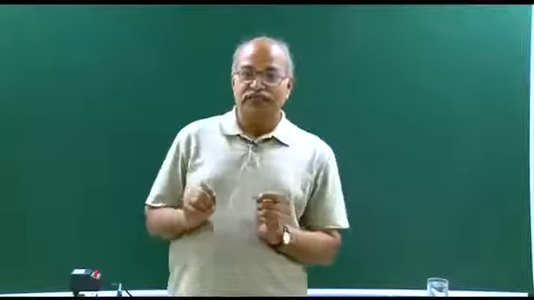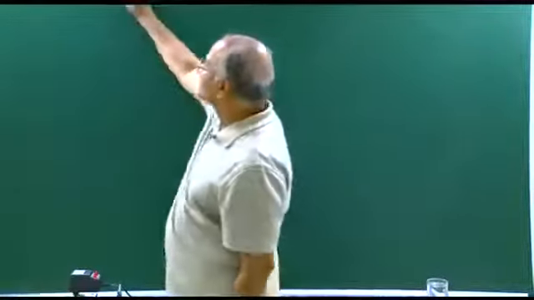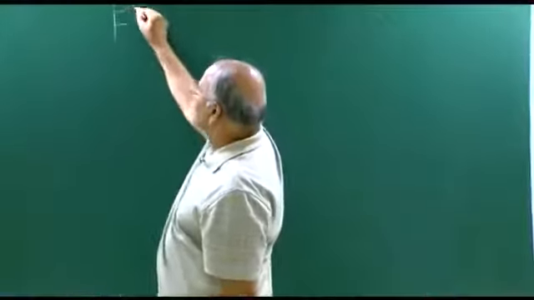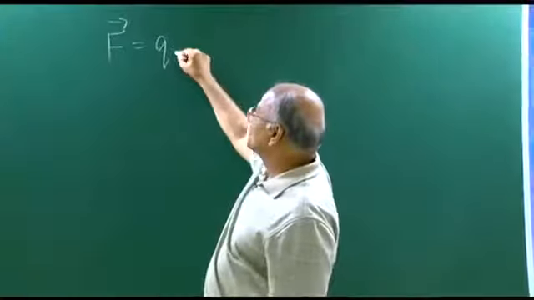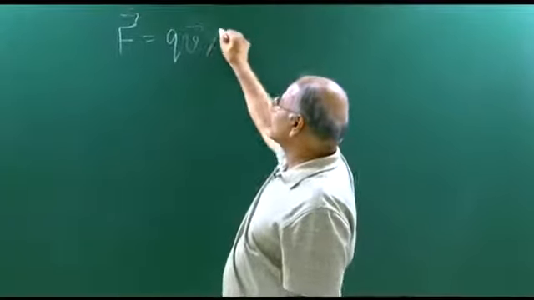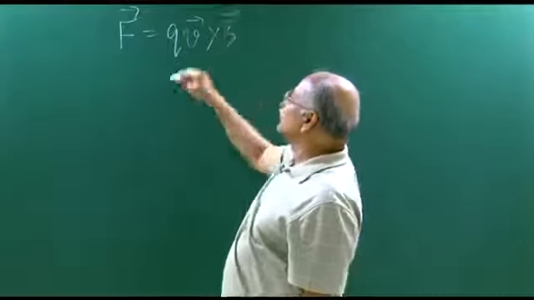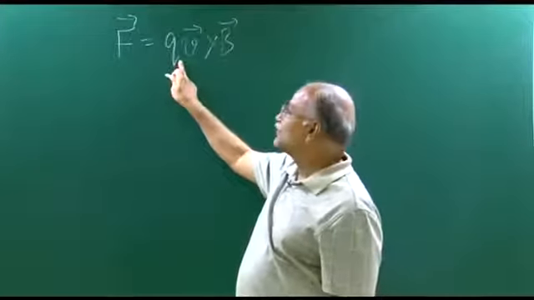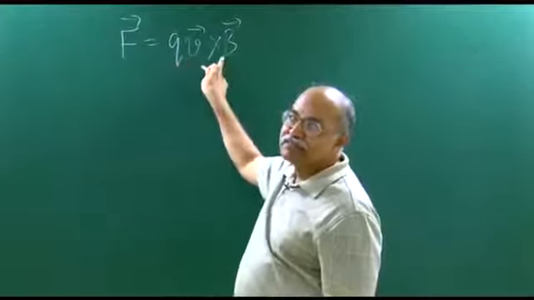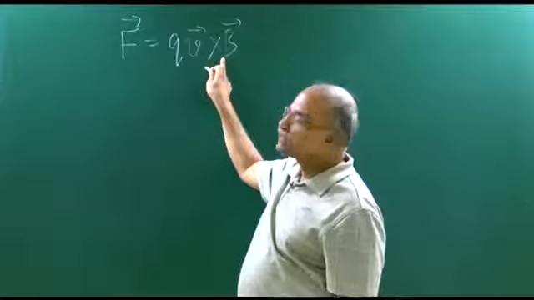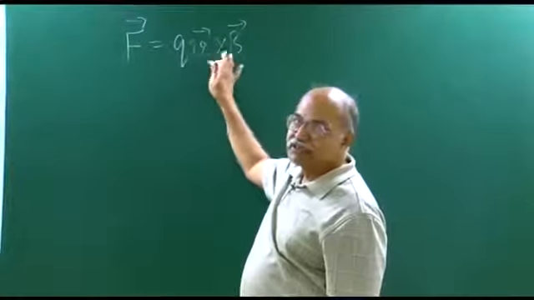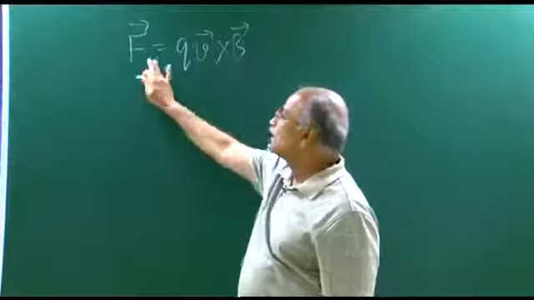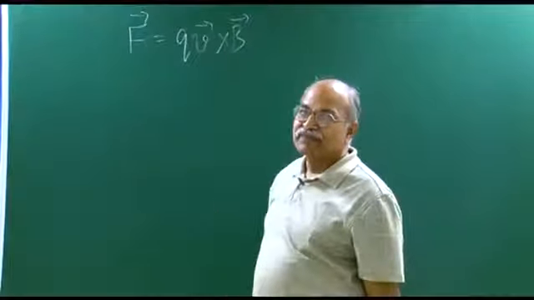You know the equation, force is equal to Q V cross B. If you have a charged particle Q moving with a velocity V placed in a magnetic field B, then the force on this particle because of this B is given by this equation.